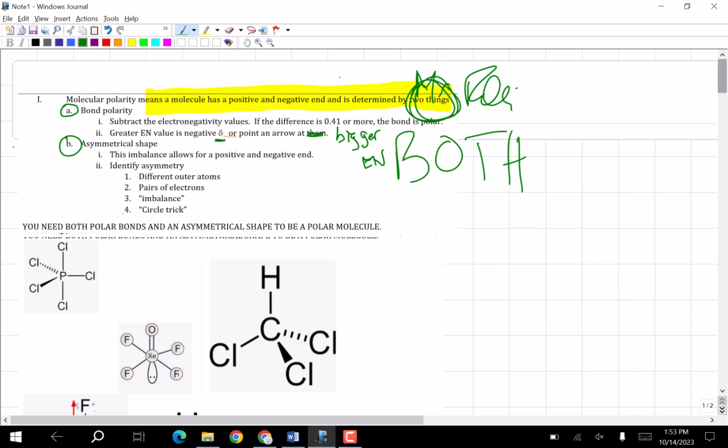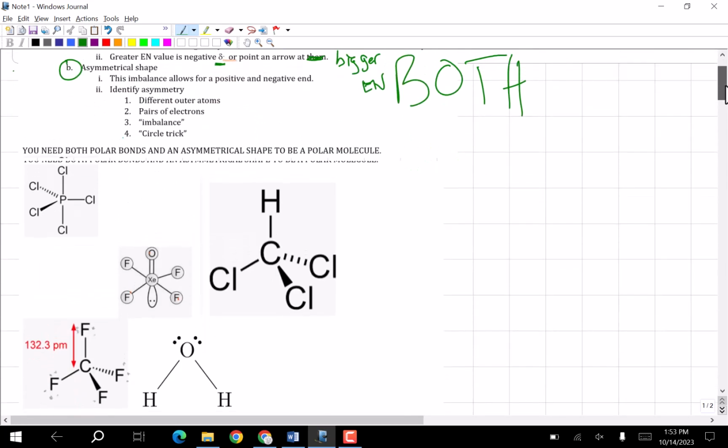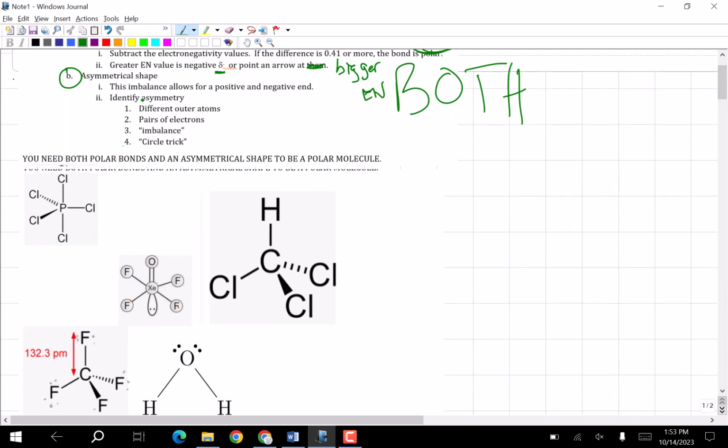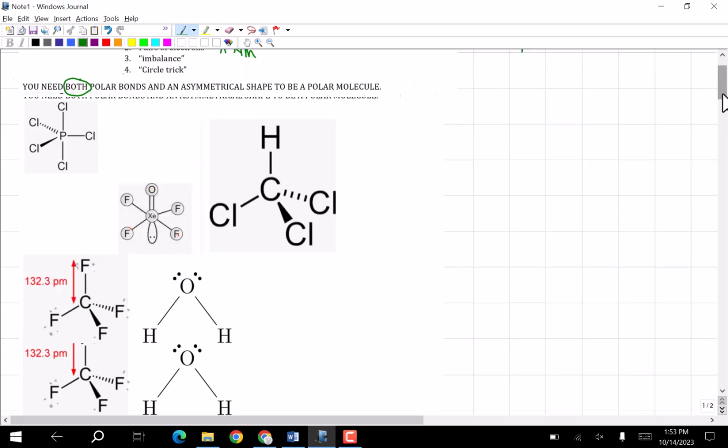To identify asymmetry, different outer atoms means it's asymmetrical. Pairs of electrons means it's asymmetrical, unless it's evenly balanced. And imbalance, or the circle trick, which I'll show you in a minute. You need both polar bonds and an asymmetrical shape to be a polar molecule.